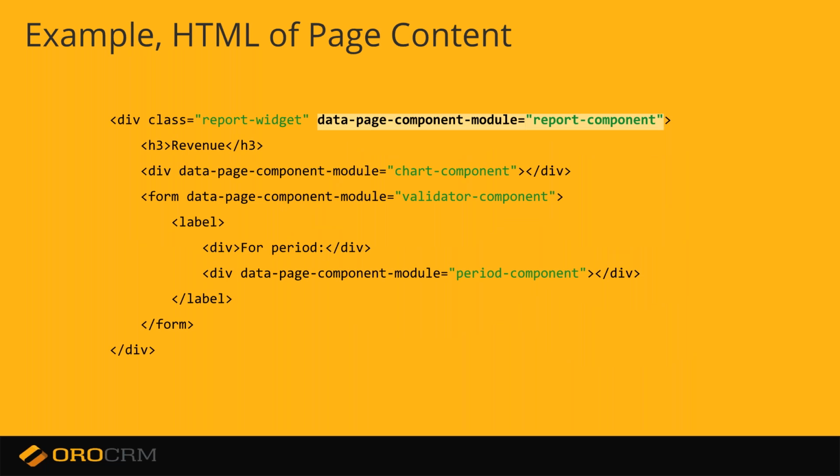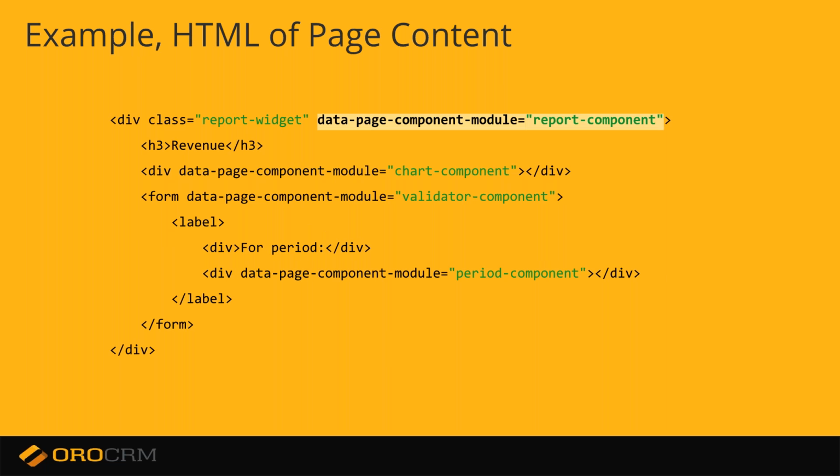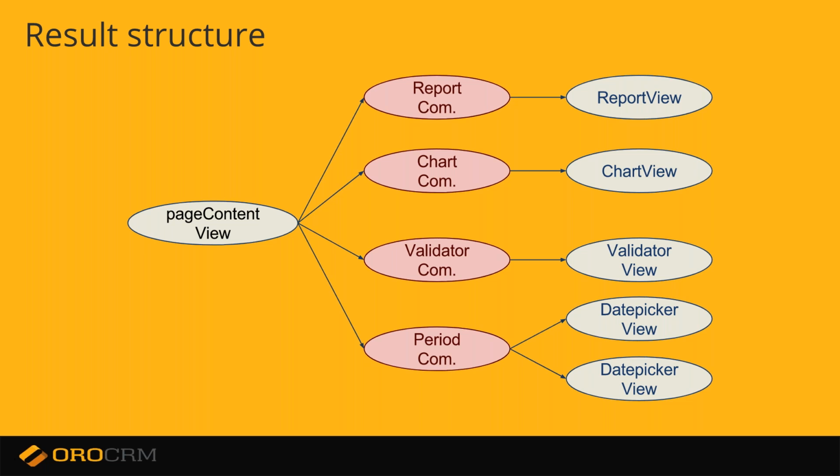Let's make a dedicated component that will allow us to exchange data between a chart view and the pickers views. That component has to wrap the whole functionality. As you see, we have defined a report component on the top level.